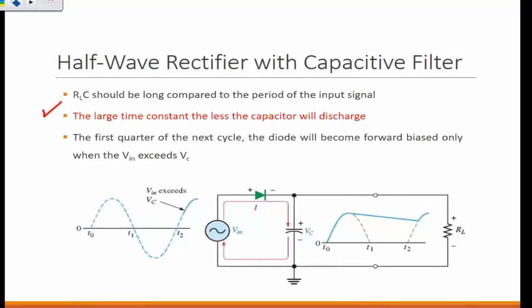All right. So it charges in the forward bias. It discharges when the diode becomes reverse biased. And the amount of ripples.